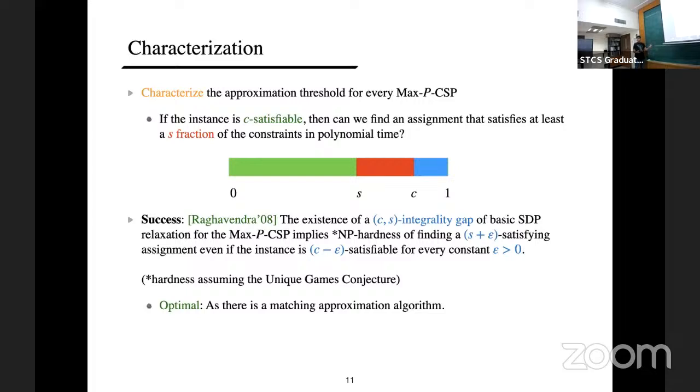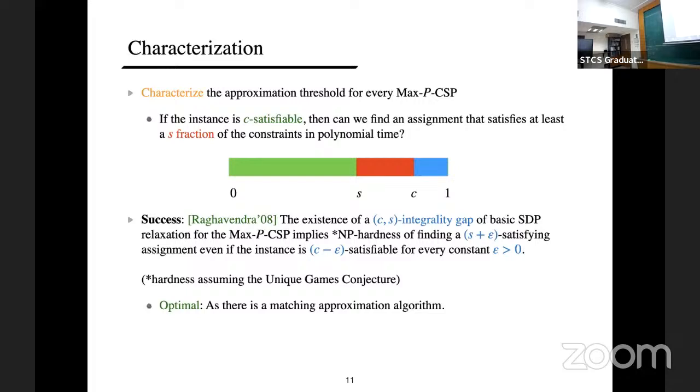This characterization does not tell you that, because it relies on the existence of some integrality gap instance. So you have to maybe brute force search over instances and find an instance with a (1, 7/8) gap, and that gives you this hardness. What I'm saying is that this is not explicit, but still a good enough characterization.